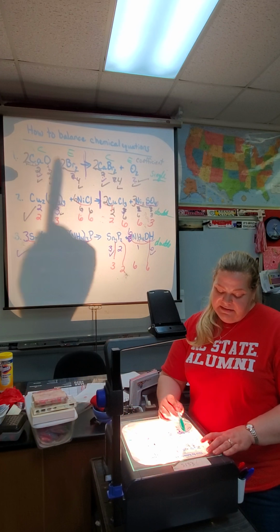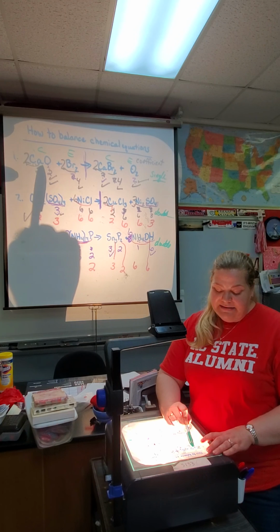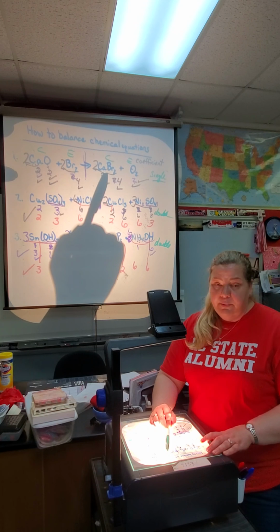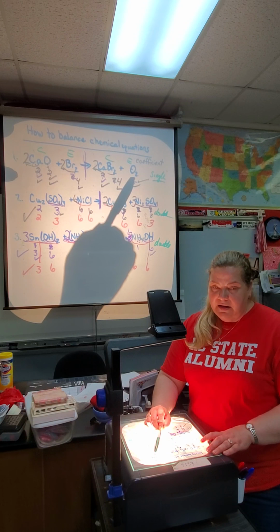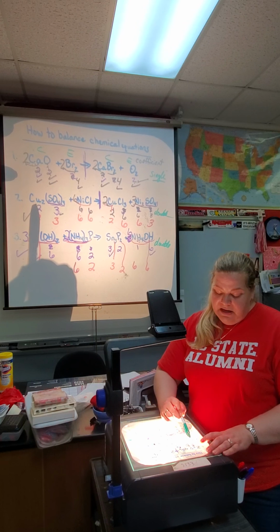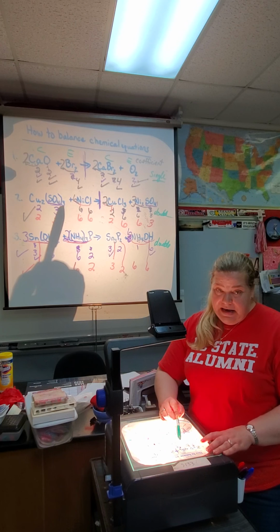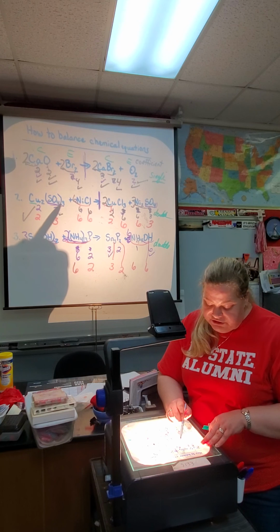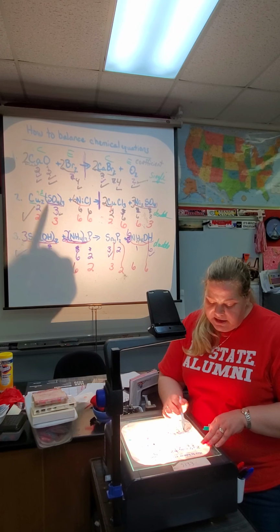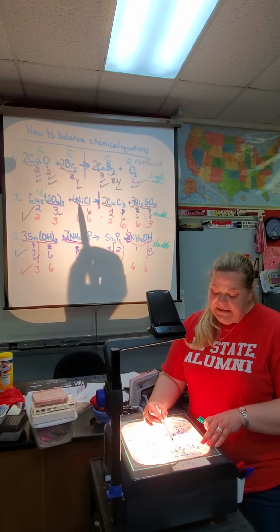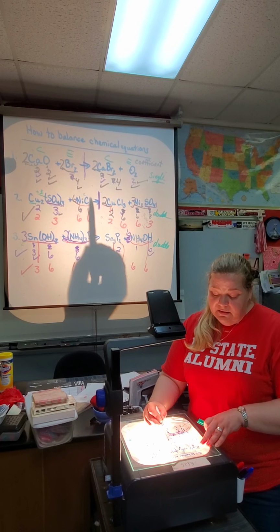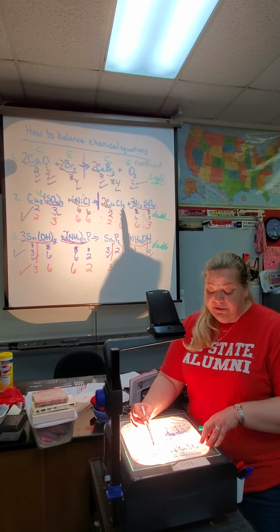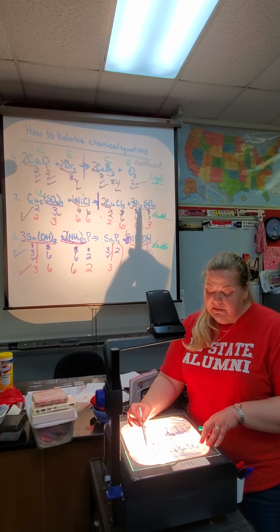Now we're going to name these. Calcium oxide, bromine, calcium bromide, oxygen. Copper 3 sulfate. Copper is a transition, uncross. Copper 3 sulfate. Nickel 1 chloride. Nickel's a transition. Copper 3 chloride.